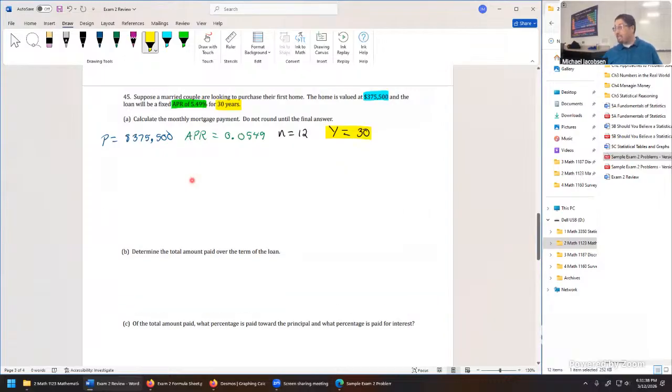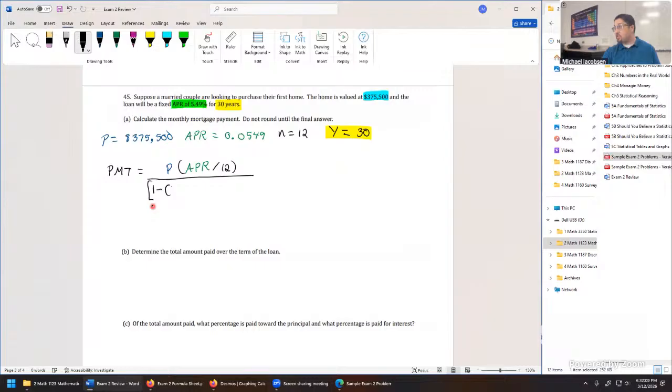Very first step we should take is we need to get that formula on paper to be accurate. So the formula goes, payment is going to be equal to the principal times APR, then it's divided by n, but we're going to throw a 12 in there. Then down in the denominator, we have a grouping symbol here just to help remind us in the calculator it's necessary in that step.